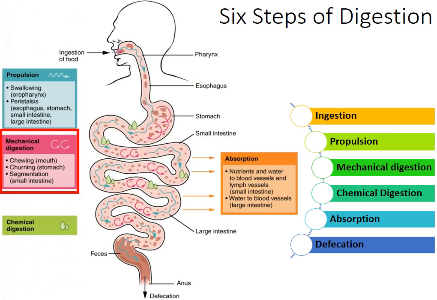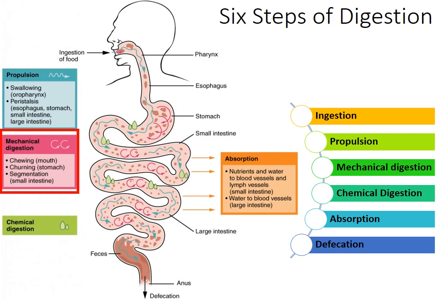Next step is mechanical digestion, in which food is prepared for chemical digestion. It includes chewing, churning and segmentation of food. Chewing or mastication occurs in mouth, where food is broken into smaller bits and mixed with saliva.